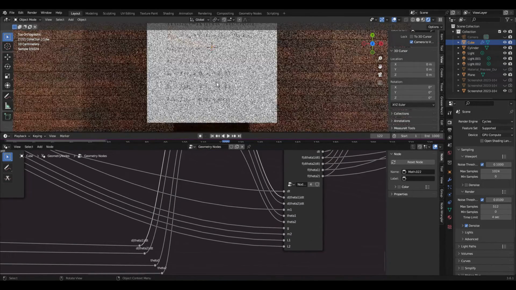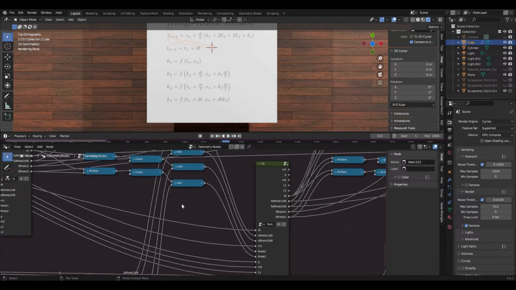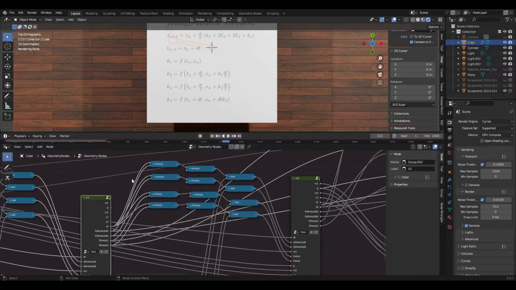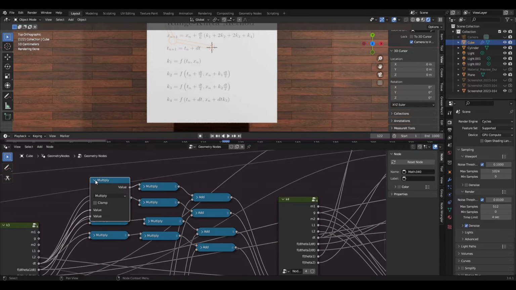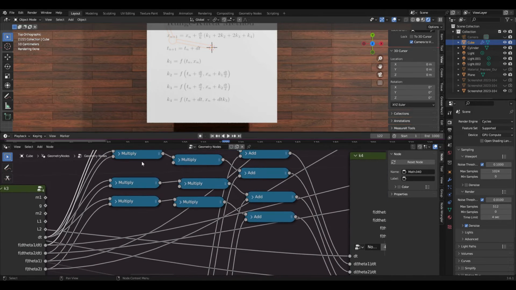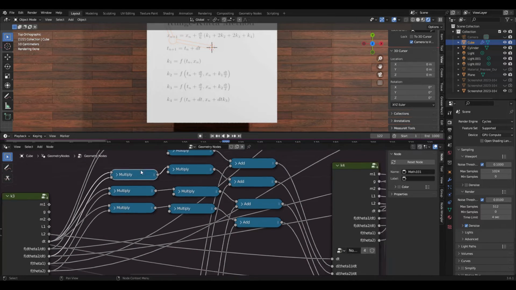and that goes into the input of K2, and then K3 there's a similar thing. I'm taking the x of n and adding it to K2 times delta t over 2. I'm kind of showing you here how that works. And that all goes into K4.